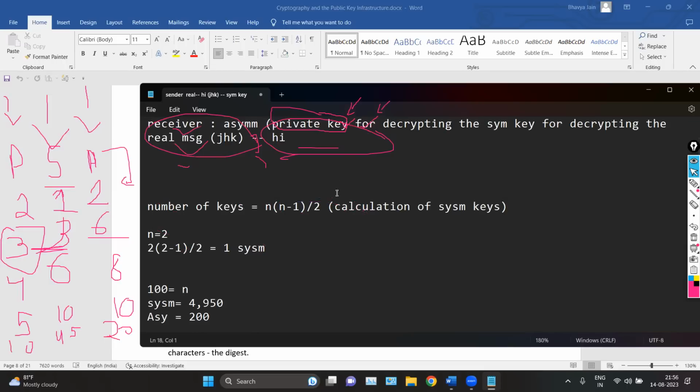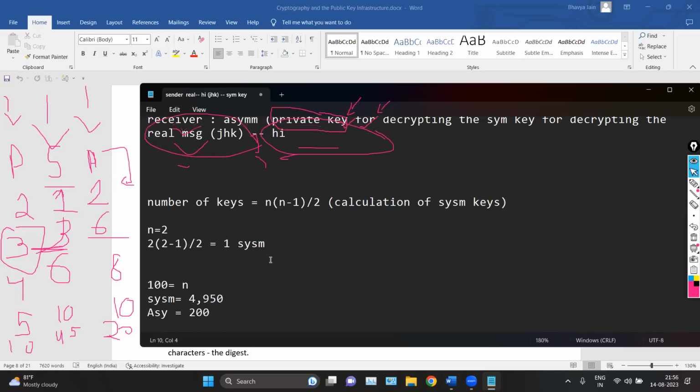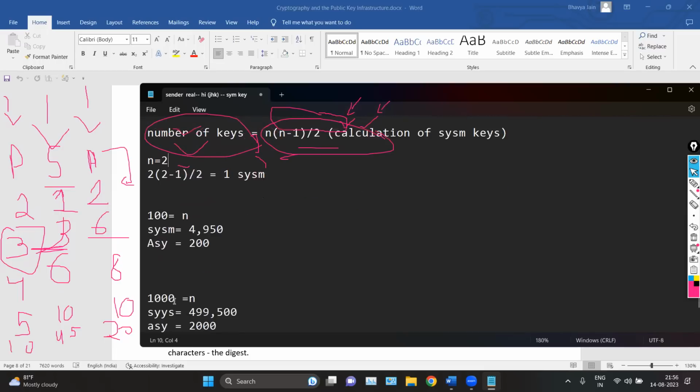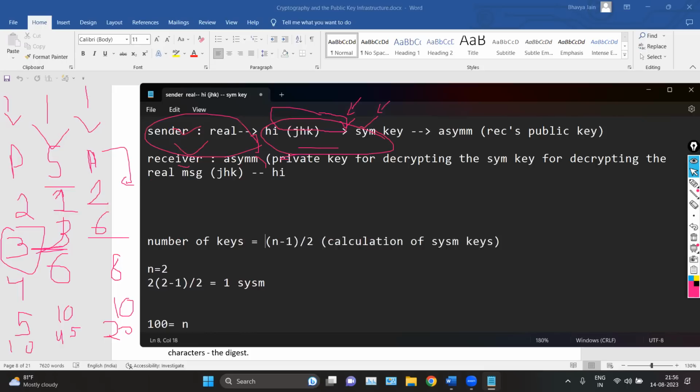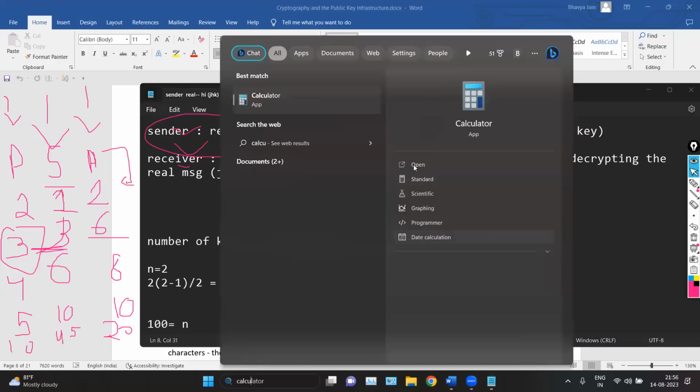You can calculate the formula for symmetric by just replacing the value. Let's say 1,000 is n, so you replace 1,000 here and here. Then you calculate 1,000 minus 1, which is 999. 999 into 1,000, and then divided by 2. Let me use this calculator.